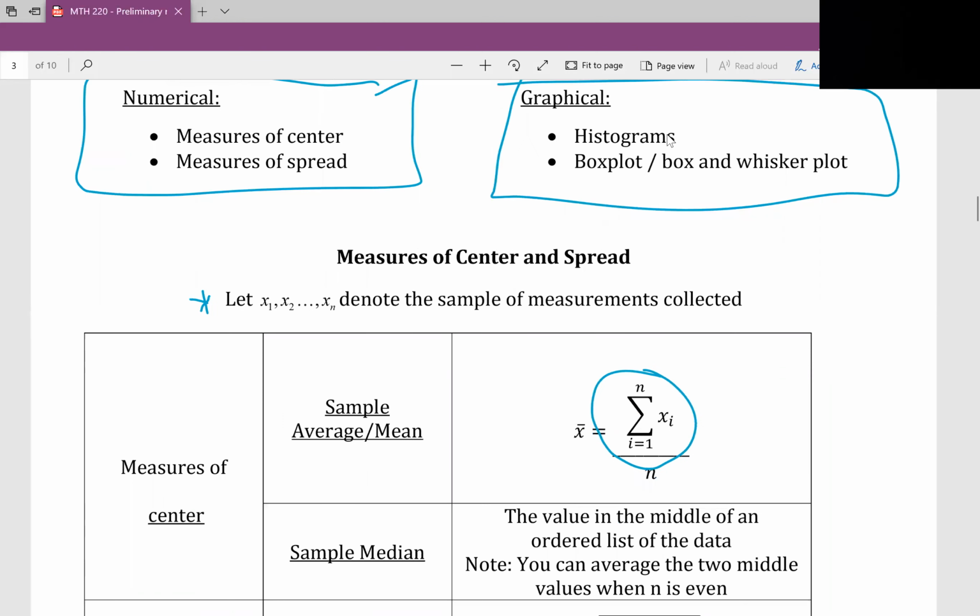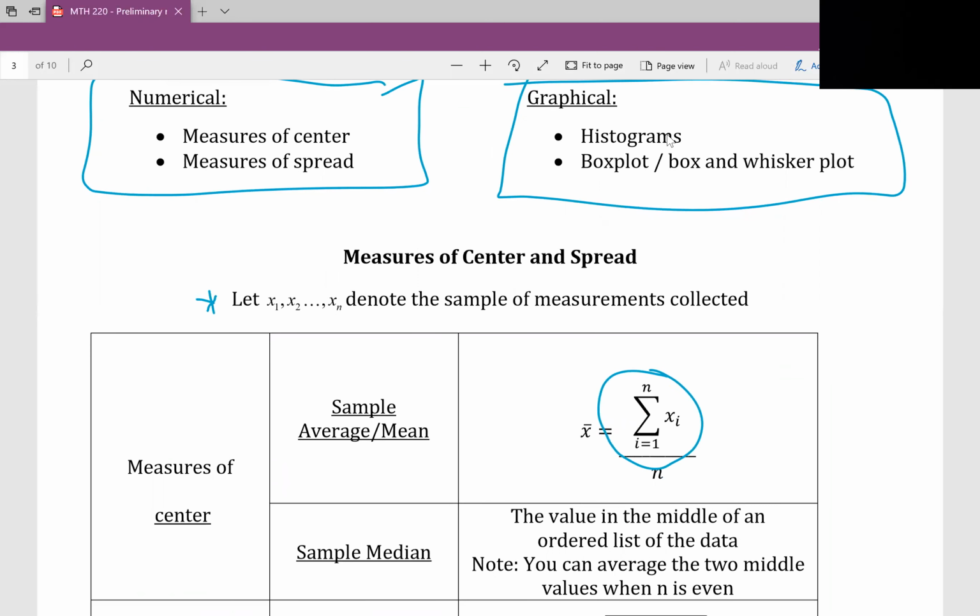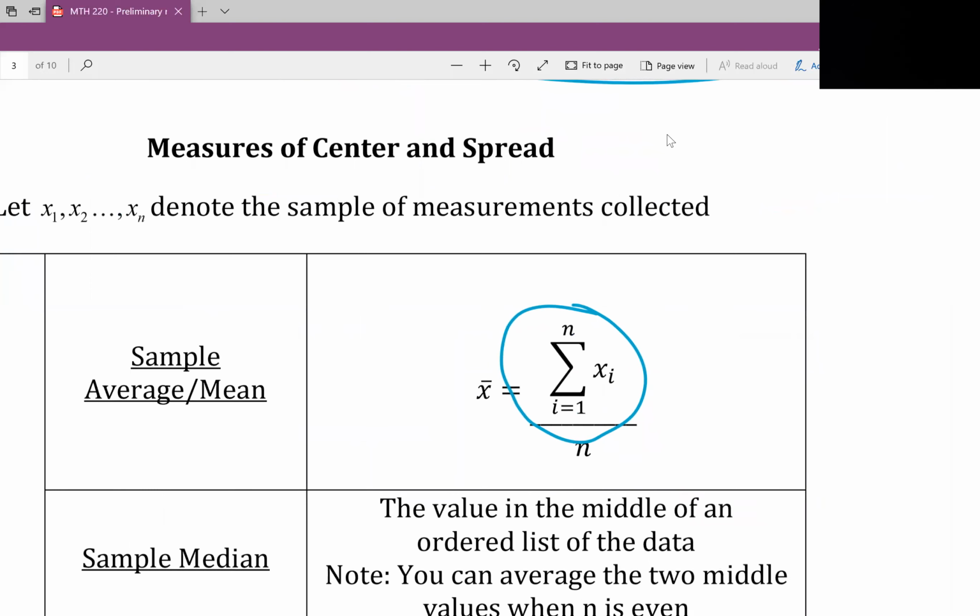First measure of center, that's our sample mean, sample average. Then we have sample median. This is the value that's in the middle of an ordered list of data. Note that you can average the two middle values when n is even. So to do a short example off to the side, if I had the numbers 1, 2, 3 in my data set, the median would be 2.